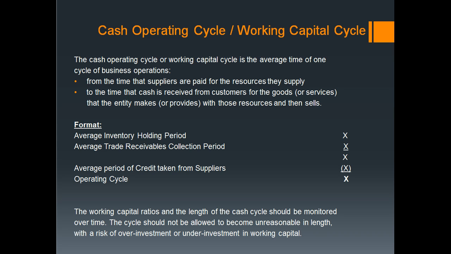The working capital ratios and the length of the cash cycle should be monitored over time. The cycle should not be allowed to become unreasonable in length, with the risk of over-investment or under-investment in working capital. A positive working capital cycle balances incoming and outgoing payments to minimize net working capital and maximize free cash flows.